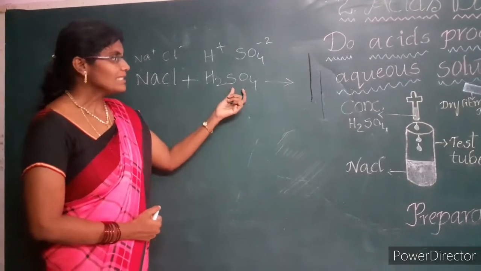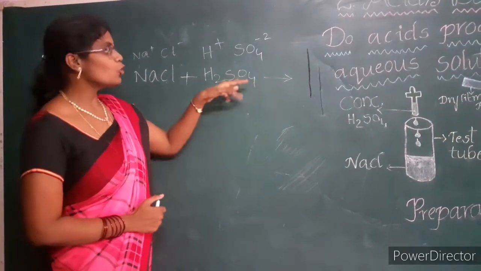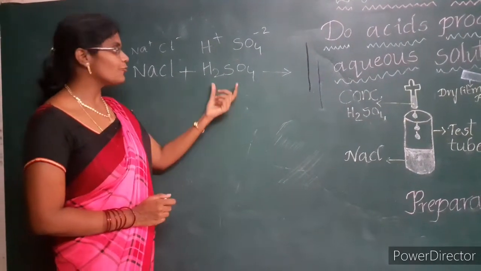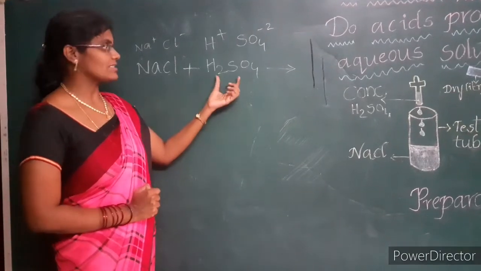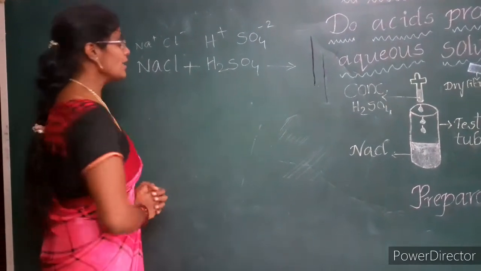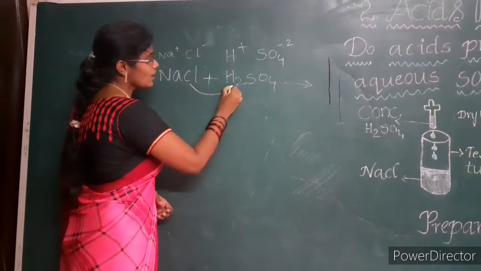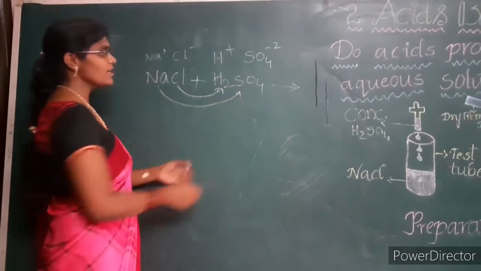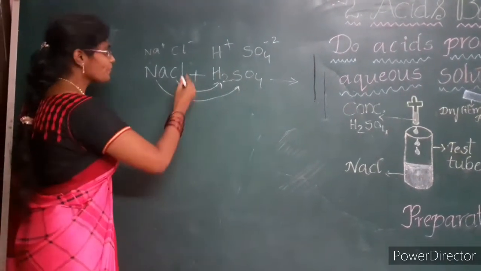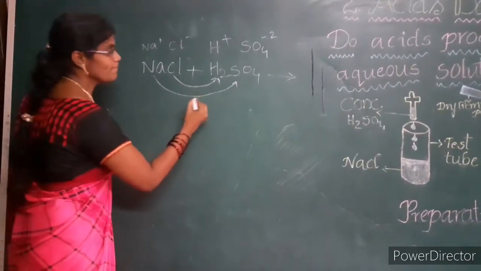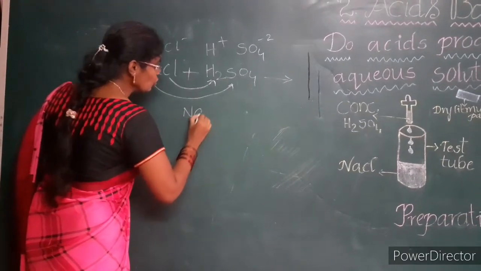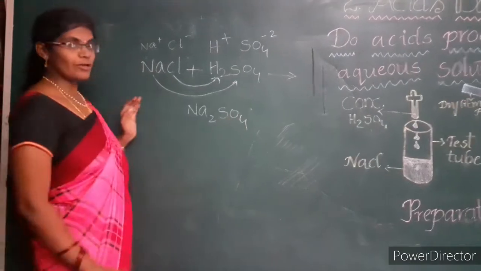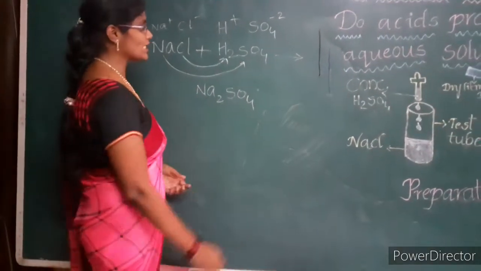Okay, here the valency of sulfate is 2. So it combines with 2 hydrogen atoms and it forms sulfuric acid, means H2SO4. Here the chlorine combines with hydrogen and the sodium combines with sulfate, and the product formed in this equation is Na2SO4.